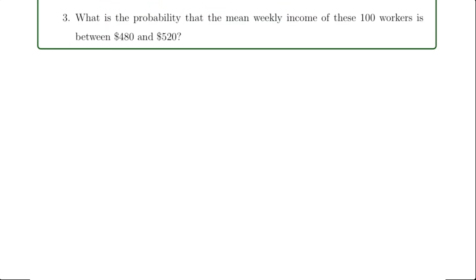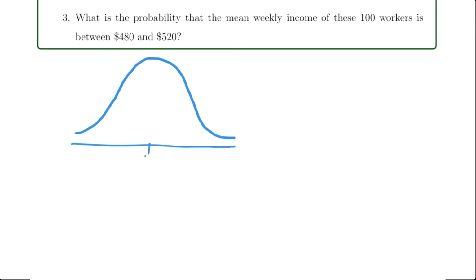What is the probability that the mean weekly income of these 100 workers is between 480 and 520? In this one, I'm going to draw the normal curve to get a visual of what's happening. Because the mean is 500, 480 is to the left and 520 is to the right, and we are looking for the area between these two.